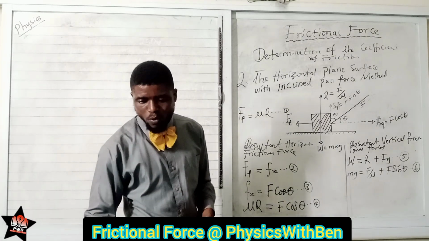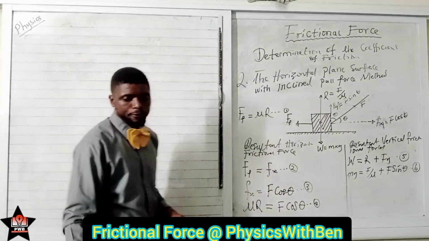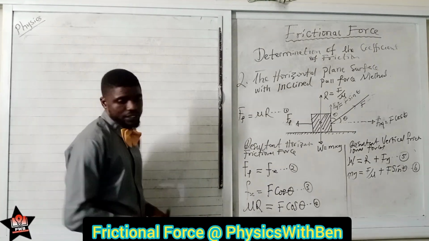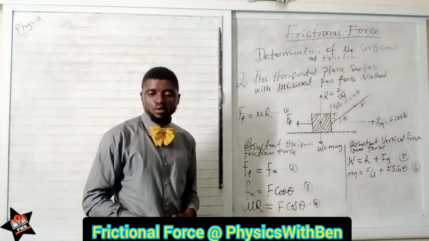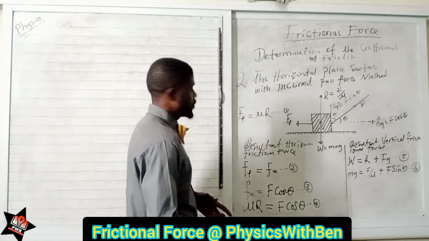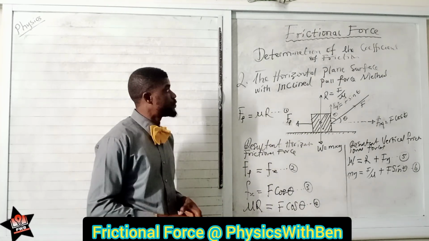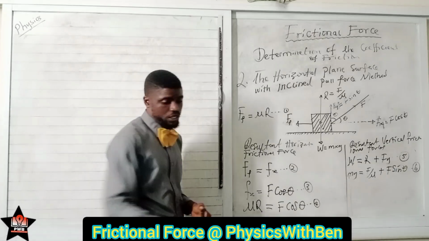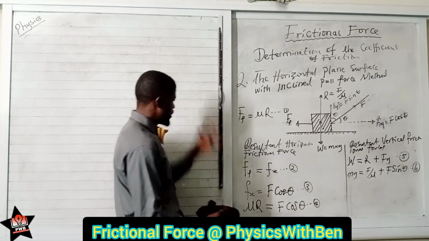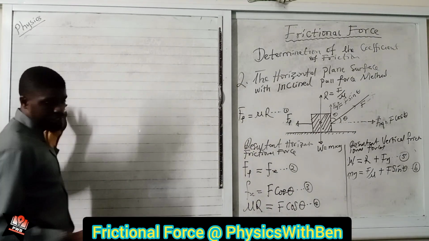Next up, we want to look at number 3, the horizontal plane surface with smooth pull force method. Horizontal plane surface with smooth pull method. Let me write it this way.